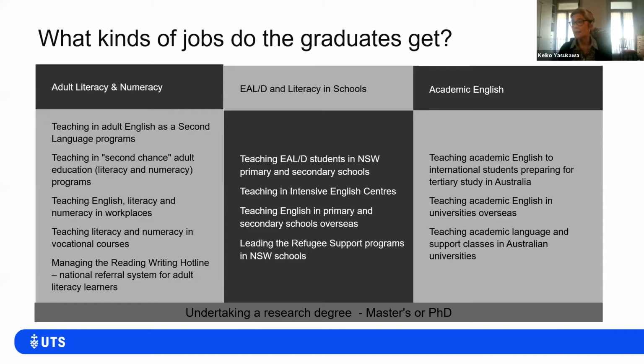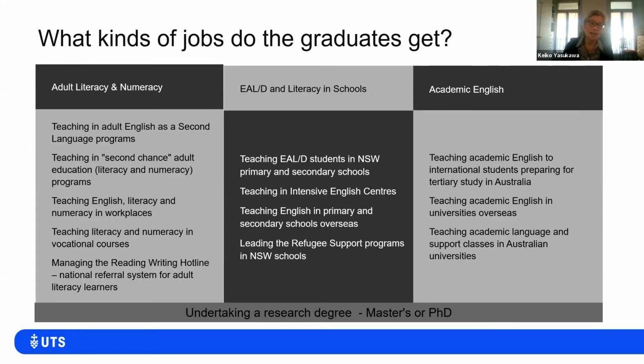They may be studying a hairdressing course or a plumbing course or a business admin course where there are literacy and numeracy needs. And our graduates are working alongside business admin teachers or hairdressing teachers or commercial cookery teachers to support their learners with the English language, literacy, and numeracy needs.